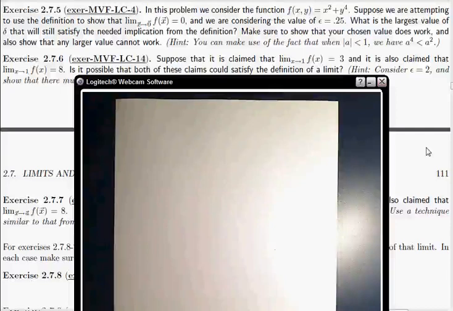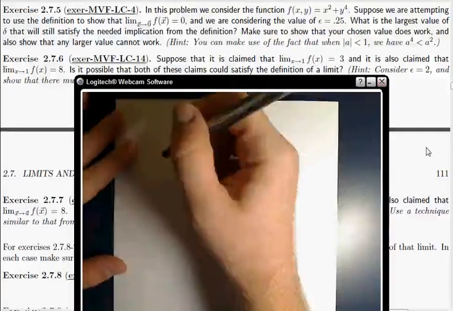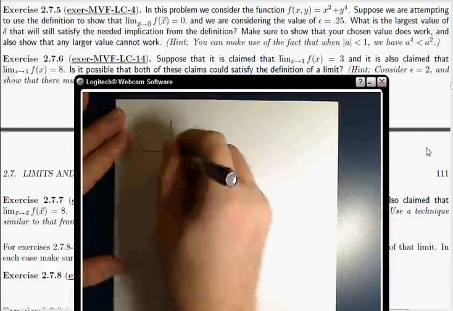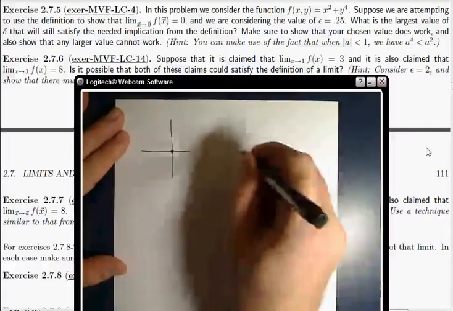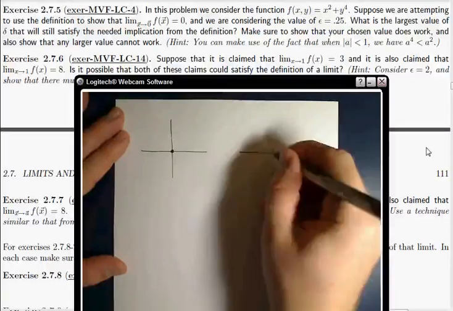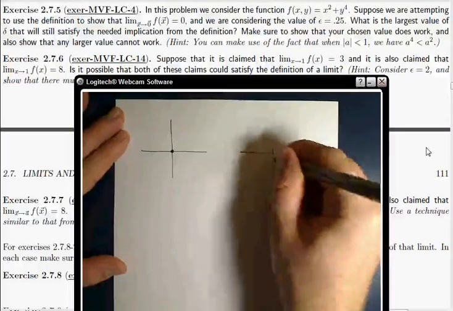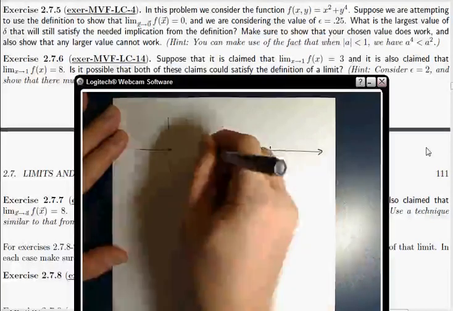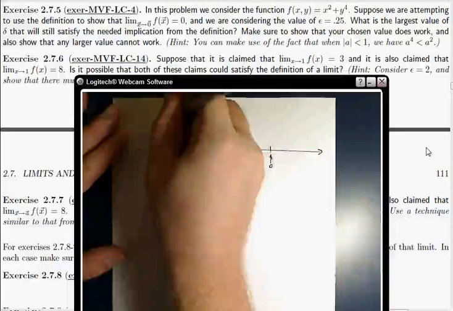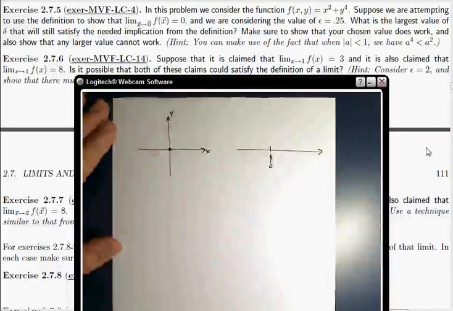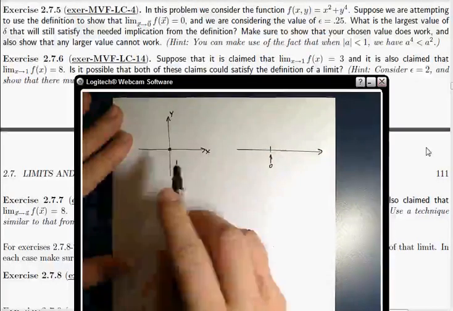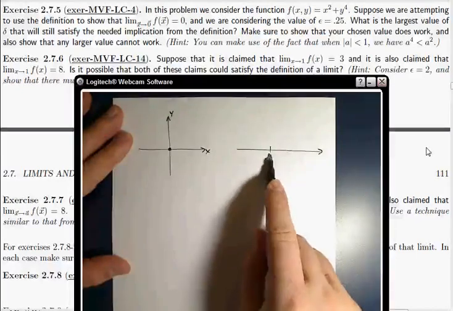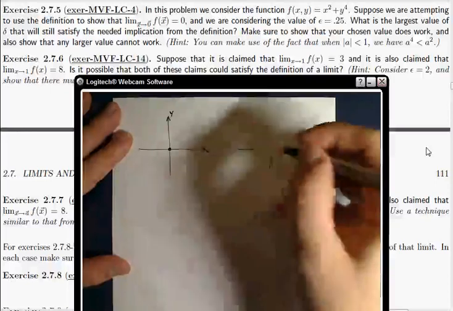So here's the picture. We're talking about as we approach the origin. Our a is the origin, and the value of the function there, of course, is 0. This is the xy plane, and we're trying to show that the limit as we approach the origin is equal to 0, and we have an epsilon given as 1/4.